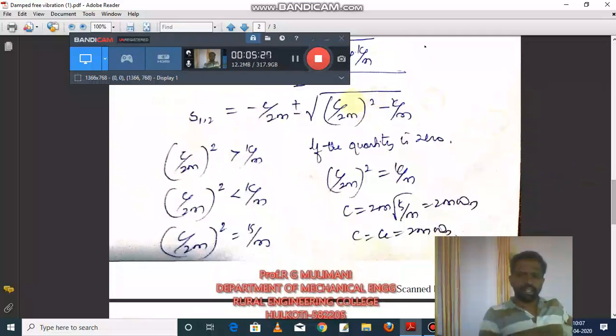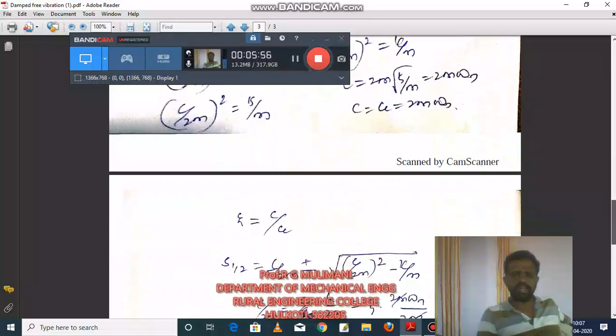Okay, when this quantity is equal to 0, when (c by 2m) whole square minus k by m is equal to 0, then (c by 2m) whole square is equal to k by m. Then the damping coefficient is equal to 2m into square root of k by m, that is 2m omega n. When (c by 2m) whole square is equal to k by m, then the damping coefficient is called the critical damping coefficient, that is 2m omega n.